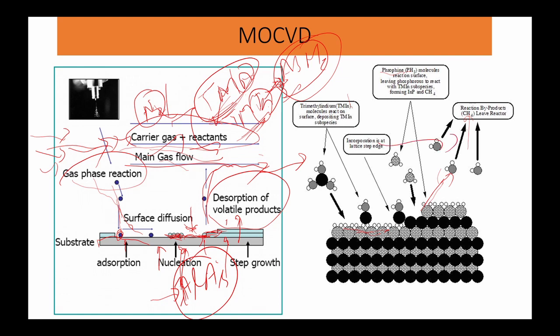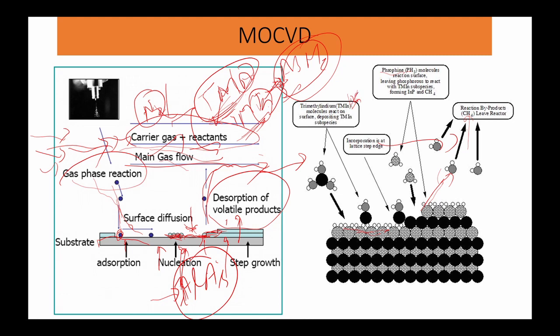And we can incorporate here only. If instead of TMIN alone, we send two gases, TMIN and TMAl, trimethyl aluminum.